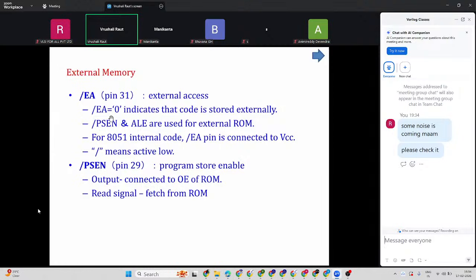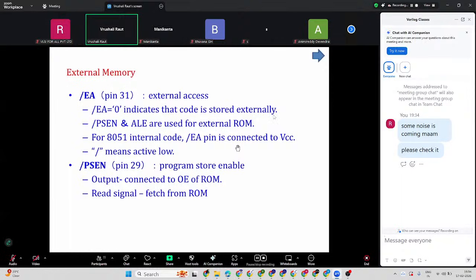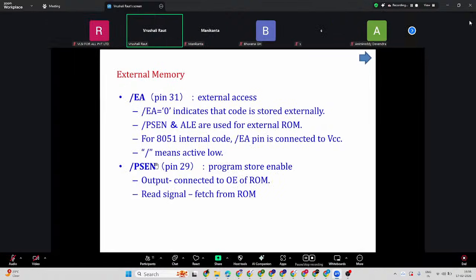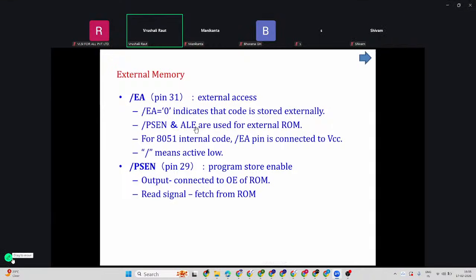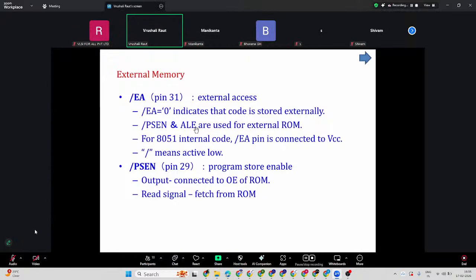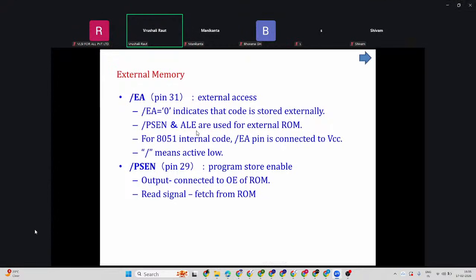Other than that, what two important pins are there? One is PSEN bar, pin number 29. It is program store enable, and this pin will allow us to connect to external ROM. One more pin is address latch enable. When your program is externally saved, you have to access it.